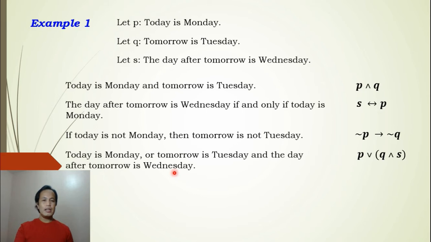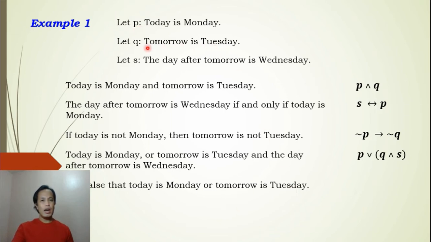Let's have this example. It is false that today is Monday or tomorrow is Tuesday. Now, in this statement, we have the statement today is Monday, which is our P, and we have the statement tomorrow is Tuesday, which is our Q. Because of the words "it is false," it follows that the rest of the statements is being negated. P is negated and also the Q is negated.